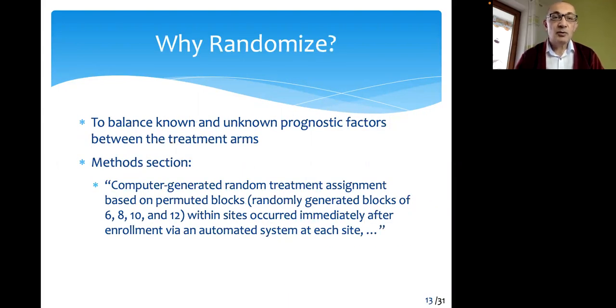Why is it important to randomize? To balance known and unknown prognostic factors between the treatment arms, because there might be confounding factors which affect our outcome. Our outcome here in this case was pain relief.